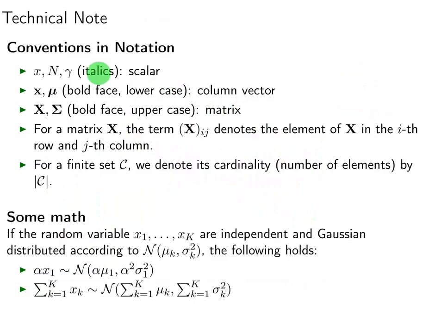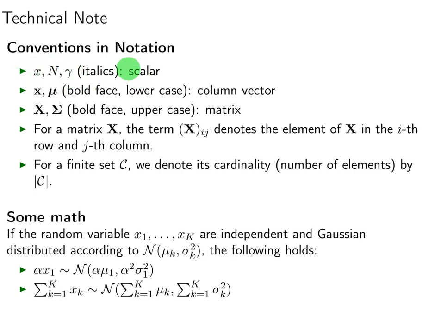Let's try to represent ERP using mathematical notations, because we are dealing with data and we need to perform some mathematical operations on that data. In these coming series of lectures, we will denote scalar values in italics, x, n, or gamma.